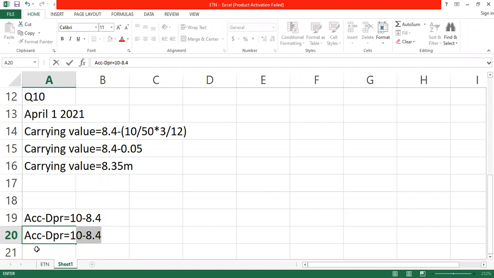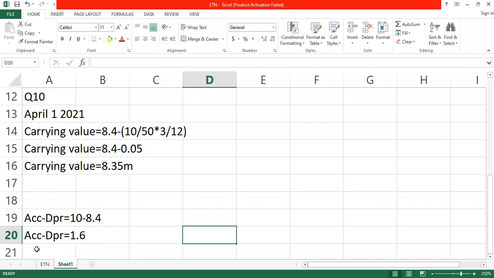The question now is, what was our annual depreciation? It should have been 10 over 50, and that will give us 0.2. Am I correct? Yes.